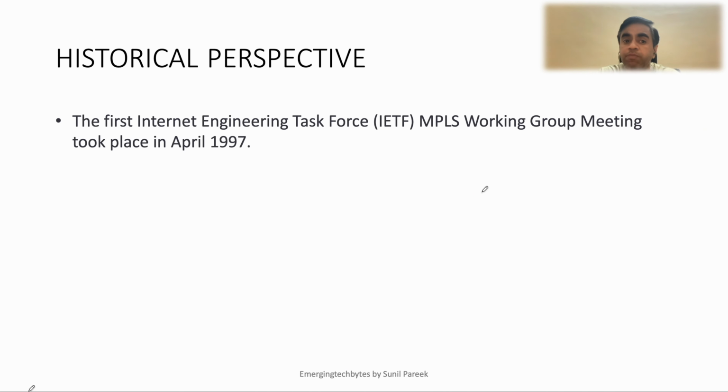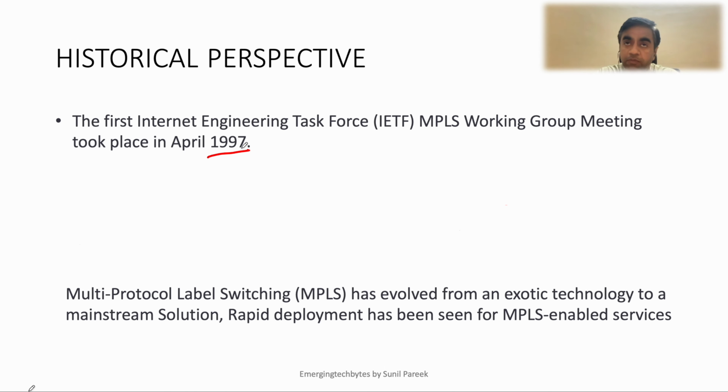From the historical perspective, the work on MPLS started somewhere around 1997, and just because of the benefits that we will talk about. In fact, I had given you a hint in the last slide. We will open it up more, but that has helped MPLS to evolve from an exotic technology to a mainstream solution.